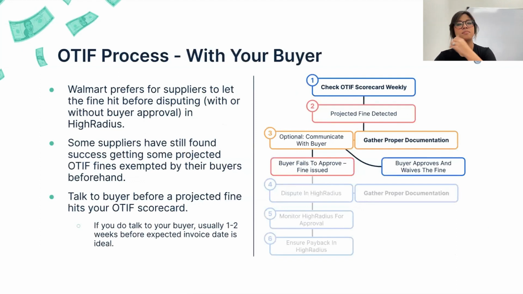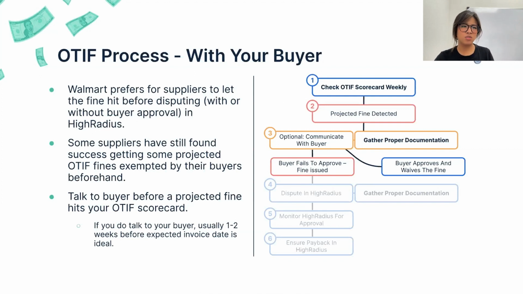With regards to actually talking to your buyer, I'm probably not going to say anything that will surprise anyone, but if you're going to ask your buyer to get a fine waived, make sure you have really, really strong documentation in place.